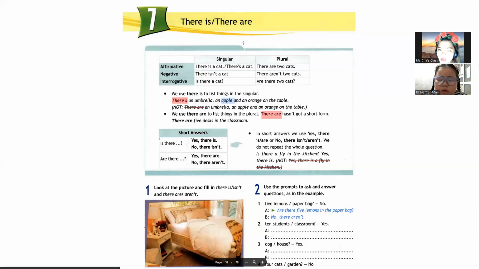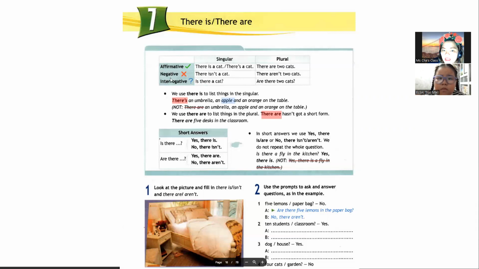Of course we already talked about this yesterday. When you are learning about a certain grammar, it always has to do with affirmative, negative, and interrogative. Always remember this symbol, Elsa.